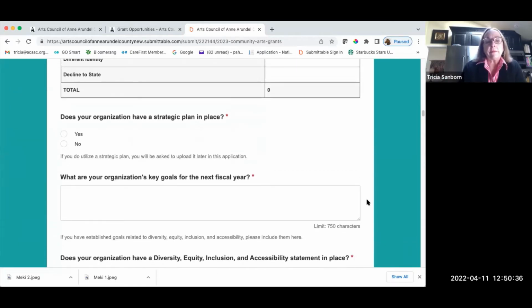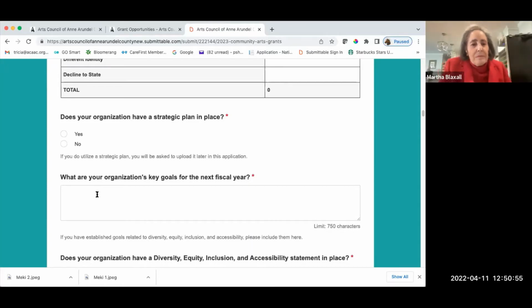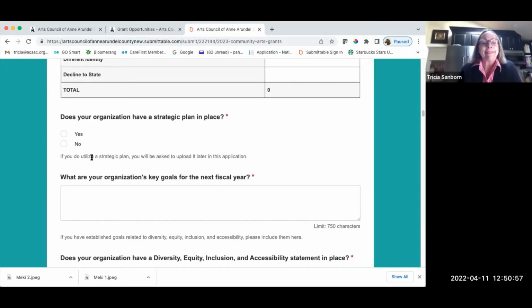Strategic plan. If you have a strategic plan in place, just let us know and you'll be asked to upload it later in the application. Whether you do or do not have a strategic plan, please go ahead and just summarize your strategic goals here.